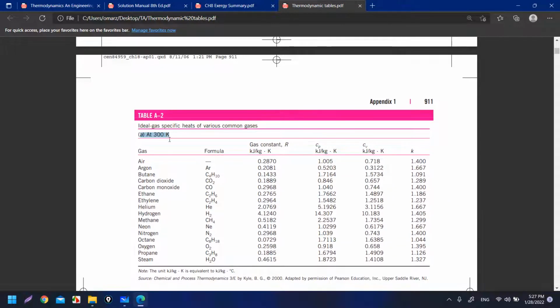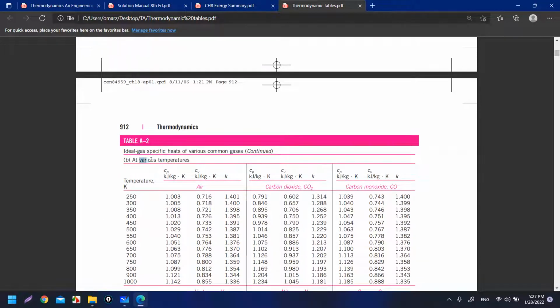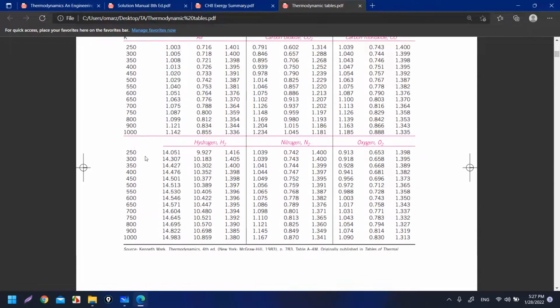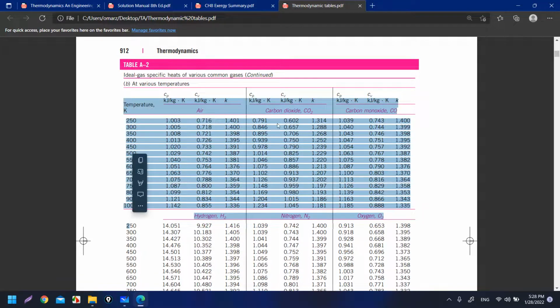This one at 300 Kelvin is for room temperature, but here when you have various temperatures, the temperature of the air is changing. You have to use table A2, and we have different temperatures. So I have to find the average, and the average will be in this column.